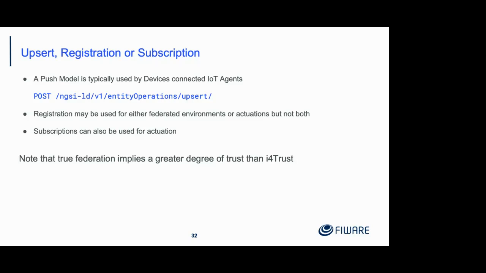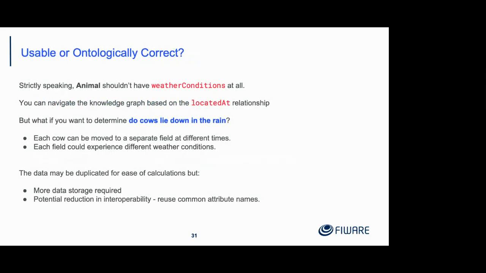The other point, I've got the slides the wrong way around, was talking about how to use your models. The models, strictly speaking, animal shouldn't have a weather conditions. You could get all the information from located at, but it is important that your data is usable.